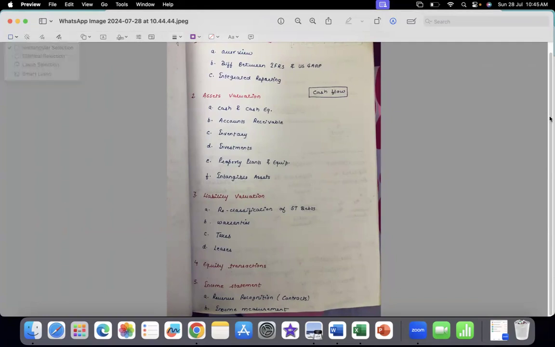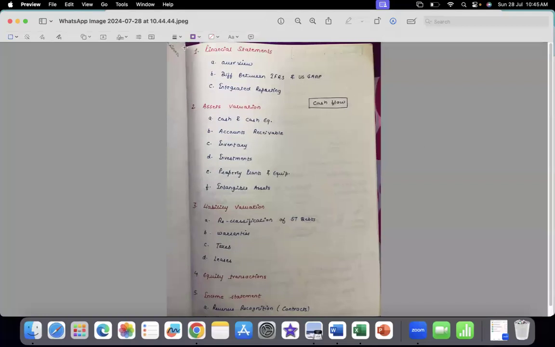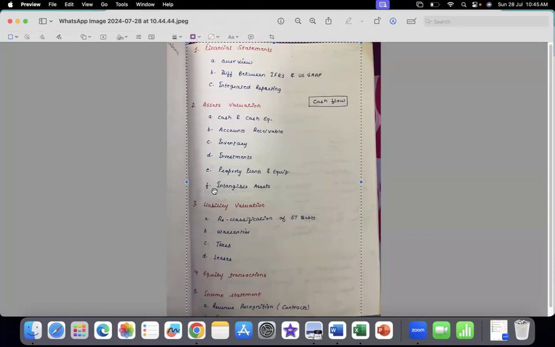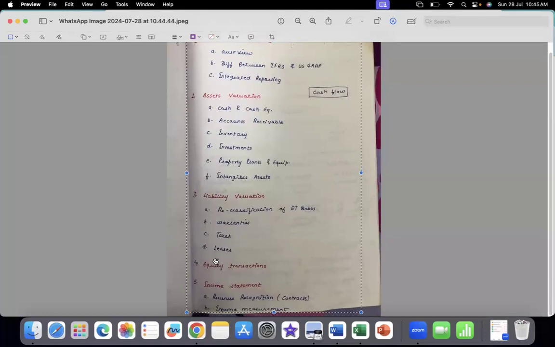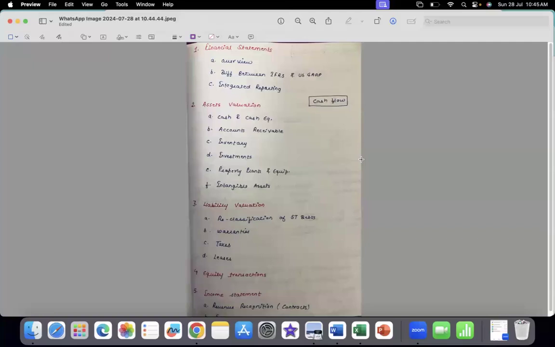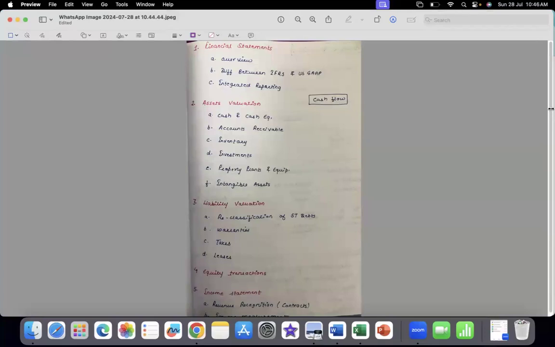So these are the topics. If you want to summarize the things, if you see 3 and 6 and 10, then 11, and then 13, so 13 odd topics is something which you should be concentrating on if you want to score good marks in your CMA part 1.